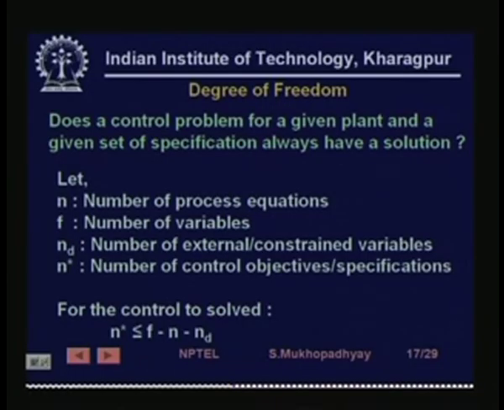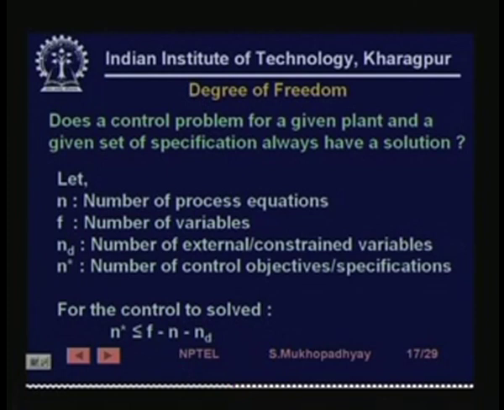So if you have 3 variables and 2 equations, then only one particular variable you can assign, but you cannot assign 3 variables independently to satisfy these 2 equations, right. So then it becomes f minus n, and then of these f minus n, some more degrees of freedom are lost because some of the variables are externally set, so you cannot vary them.